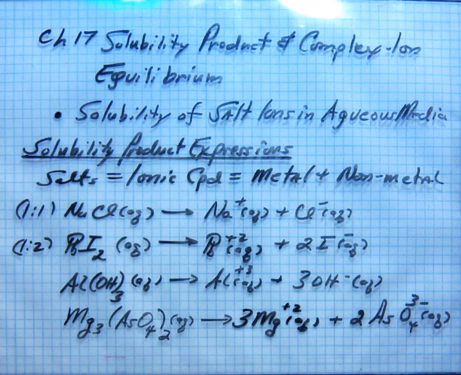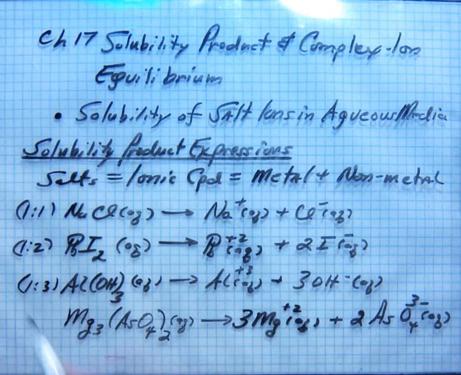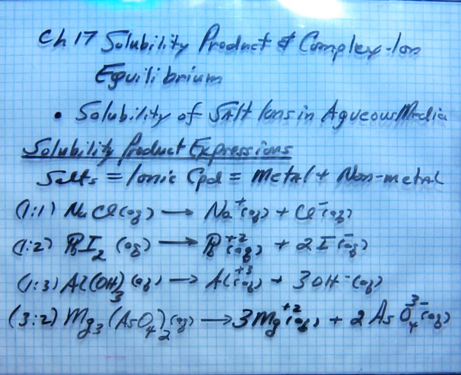Of course, we go on down to a 1-to-3 ionization ratio and a 3-to-2 ionization ratio. Now, in a couple of cases, you can have a 2-to-1 or a 3-to-1 ionization, and they're pretty much the same in the place I'm going. So I'll show you why.